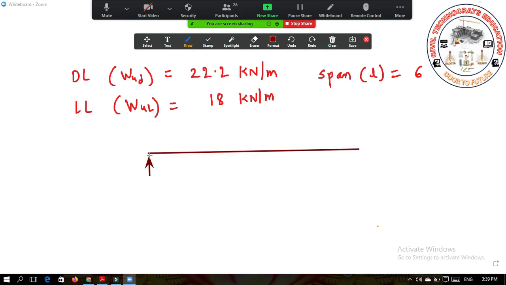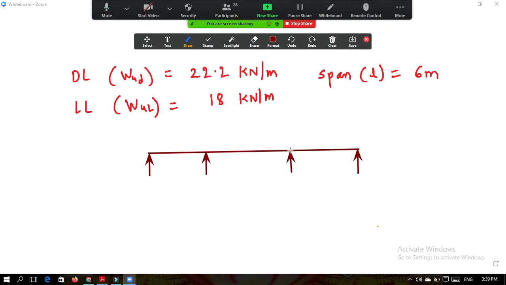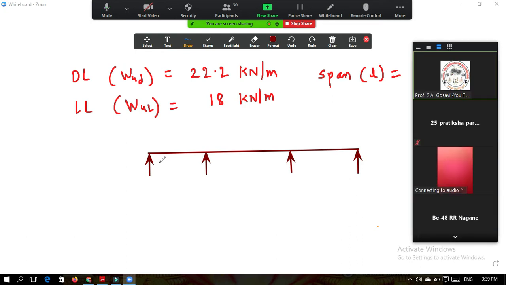Now suppose these are the beam reactions. It is 3-span continuous beam. Okay. So there is one more reaction over here. So this is now 3-span continuous beam. Now here at which points we are going to calculate the bending moment, those we will see.